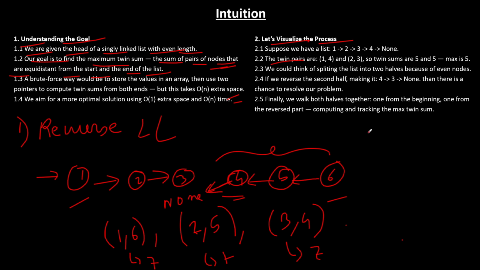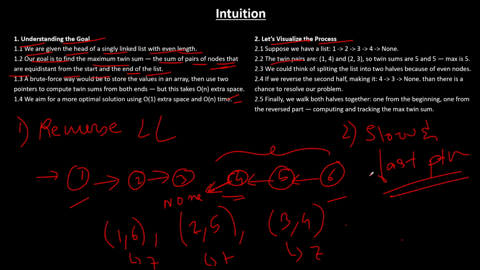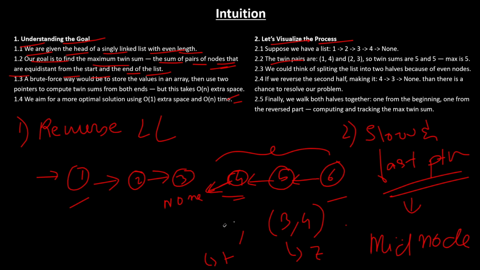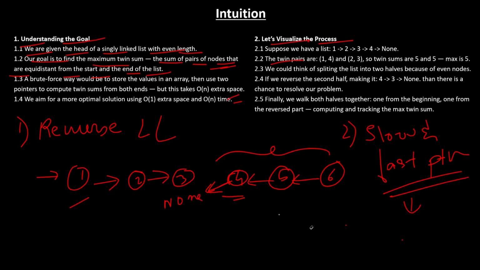So we could use the concept of slow and fast pointer. From this we could find the mid node. So this way we could find the midpoint of the linked list, then reverse it, and then use the concept of two pointers in this case, right?